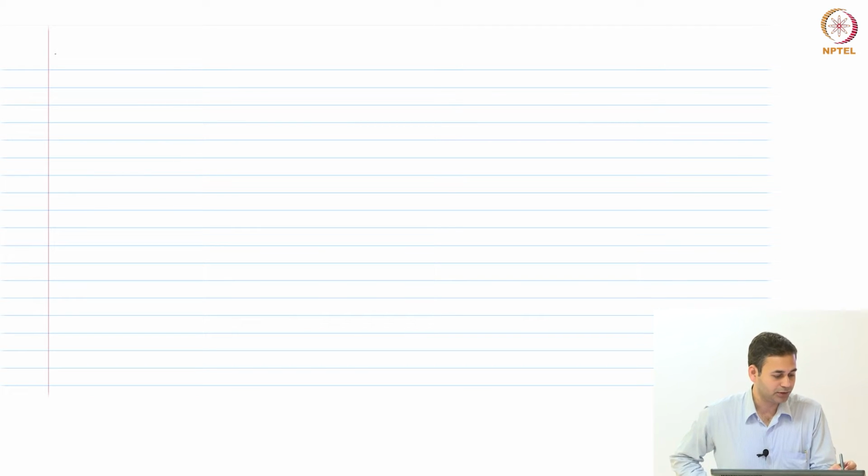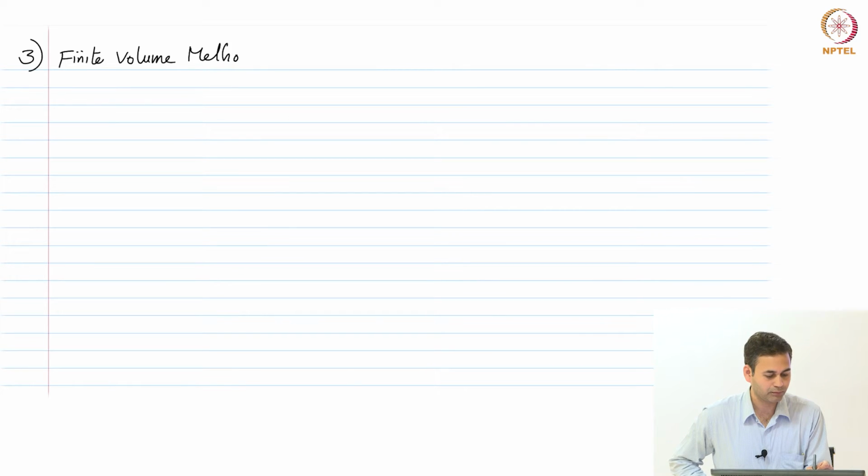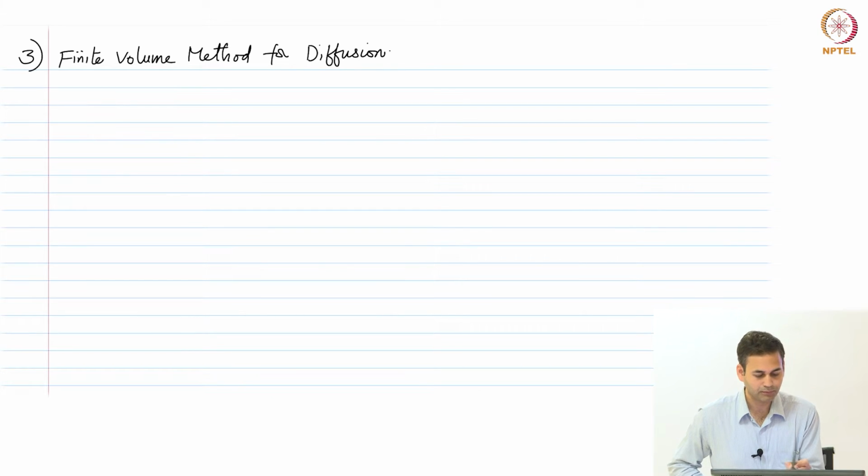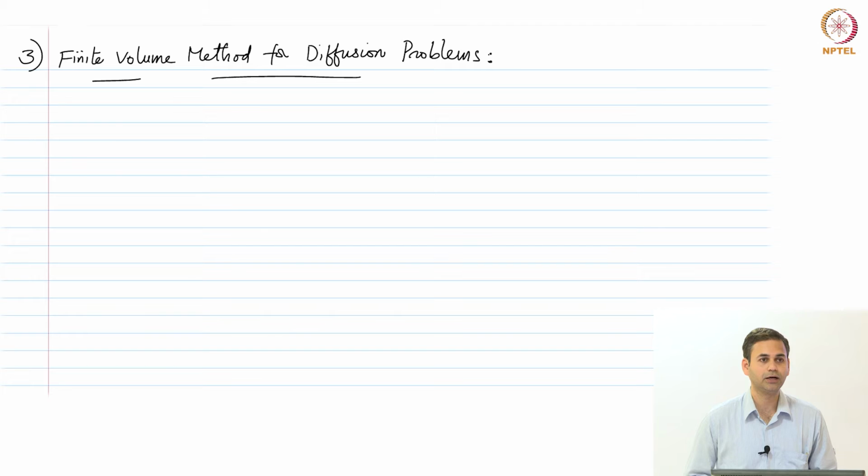Okay, so this is the third chapter, the finite volume method for diffusion problems. So we have kind of visited this part during the overview chapter, right?